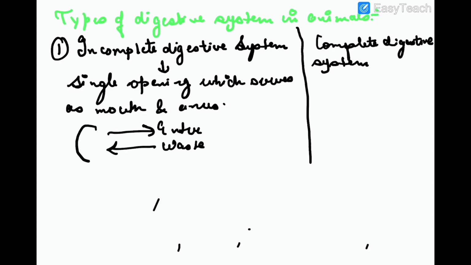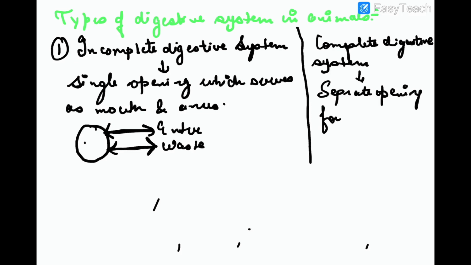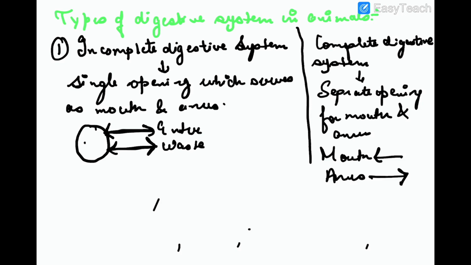Whereas in complete digestive system, there is separate opening for mouth and anus. Food will always enter through the mouth and waste product will always leave through the anus.